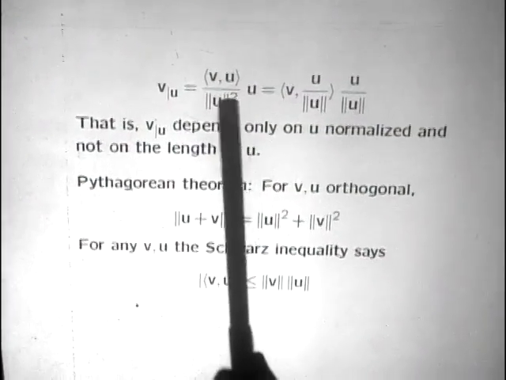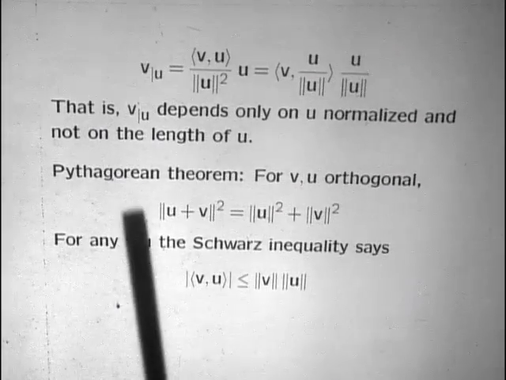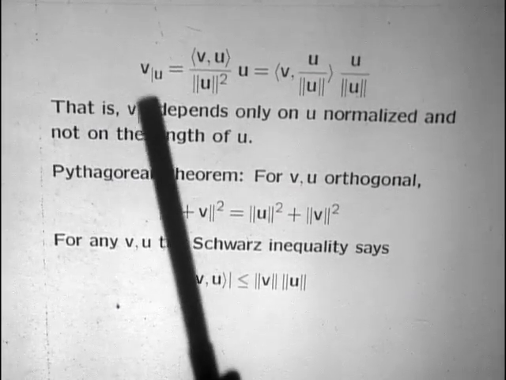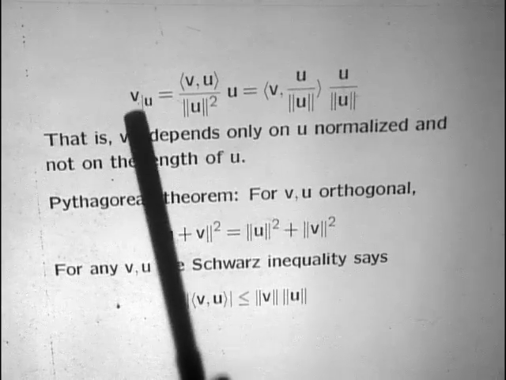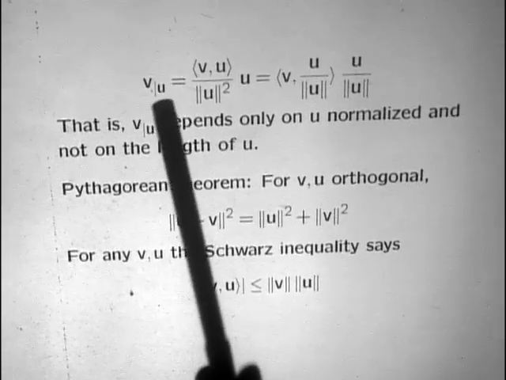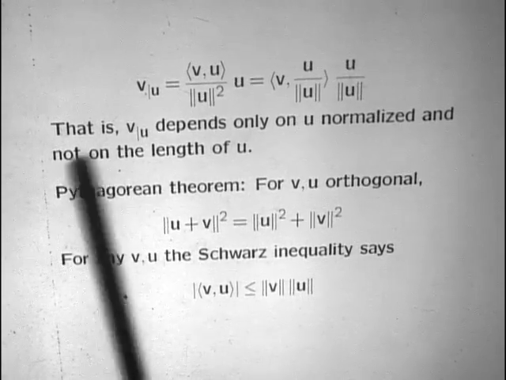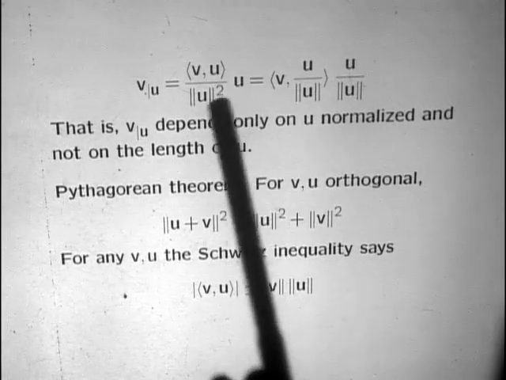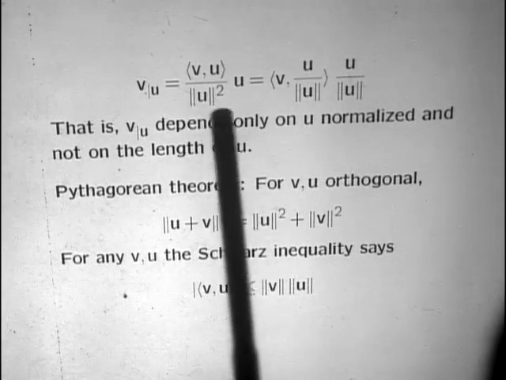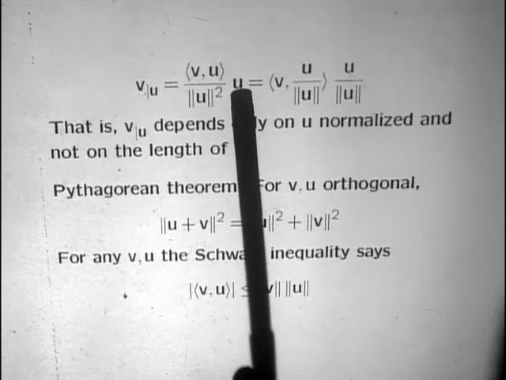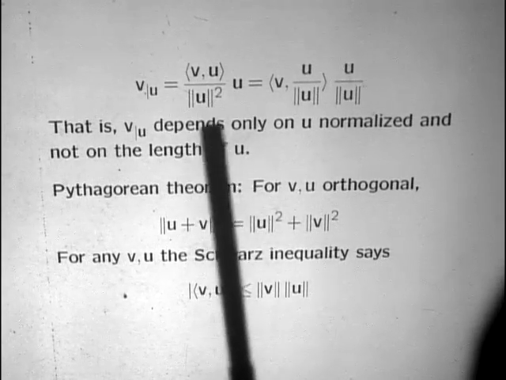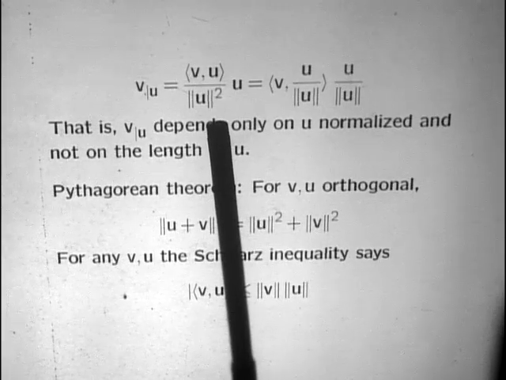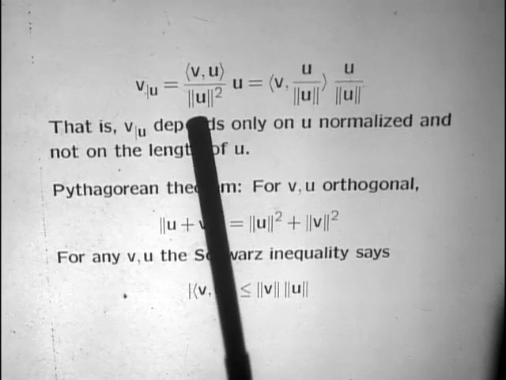Now, what is this norm squared doing here? The thing we have just proven is that with any two vectors V and U, the projection of V on U, namely that vector which has the property that V minus the projection is perpendicular to U, is this inner product divided by the norm squared times U. Now let me break up this norm squared, which is just some positive real number, into the length times the length.